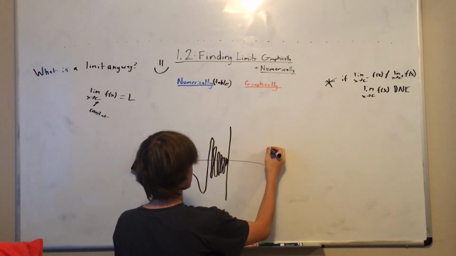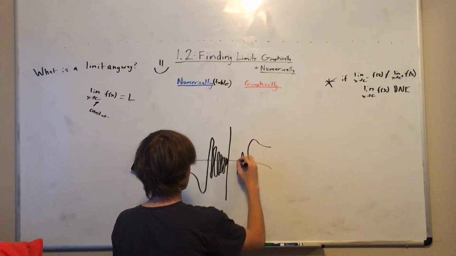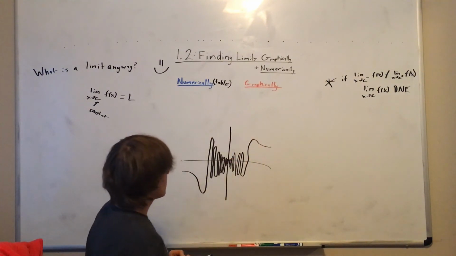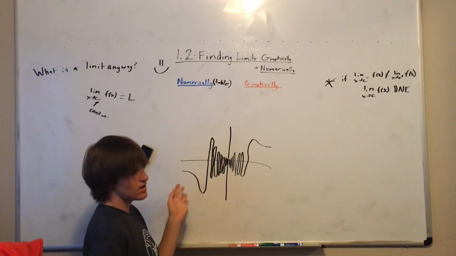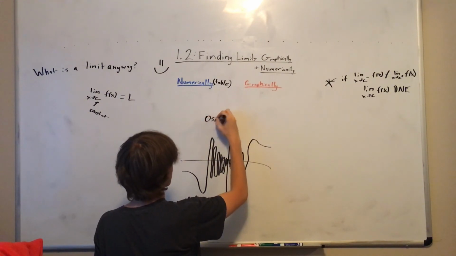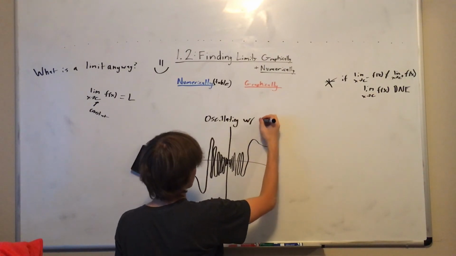And then the opposite is true on the other side. You have something that looks like this, with oscillations getting closer and closer together. This is kind of a rare thing to see, but this is called a function that is oscillating with increasing rapidity.